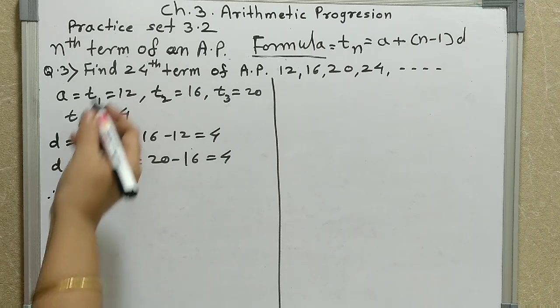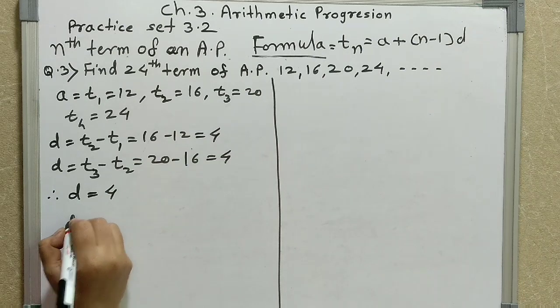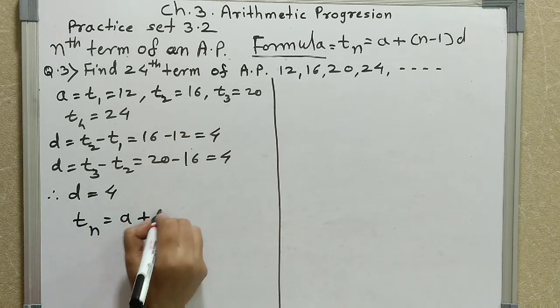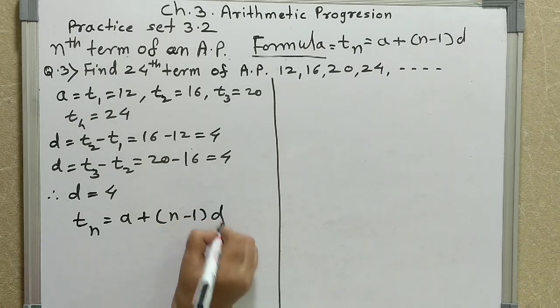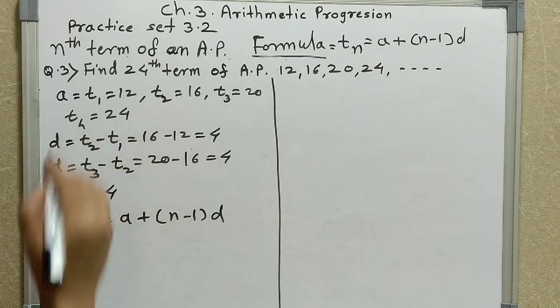Now we find out the 24th term. First we write the formula: Tn is equal to A plus n minus 1 times D. Put the value, n becomes 24.